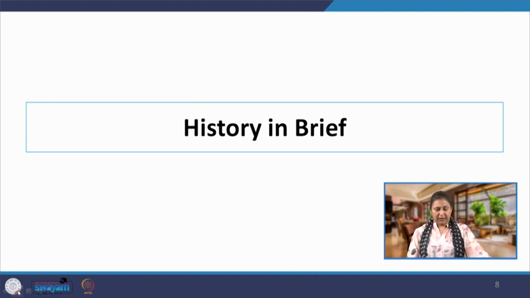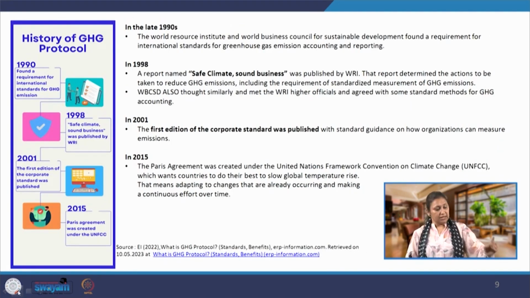Now, very briefly I am going to run you through the history. In 1990, there was a requirement for an international standard of GHG emission, it was realized, and in 1998, as I said, this report by WRI named Safe Climate and Sound Business was published, and it was supported by bigger corporates such as BP and General Motors, and that provided the base work for the first edition of the corporate standard of GHG protocol, that was in 2001.